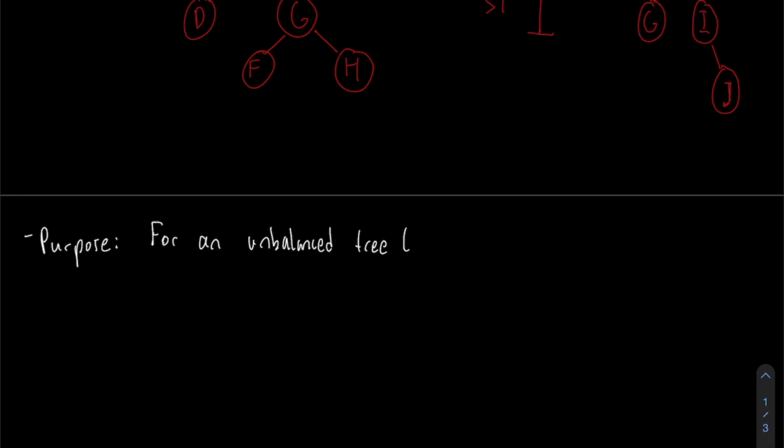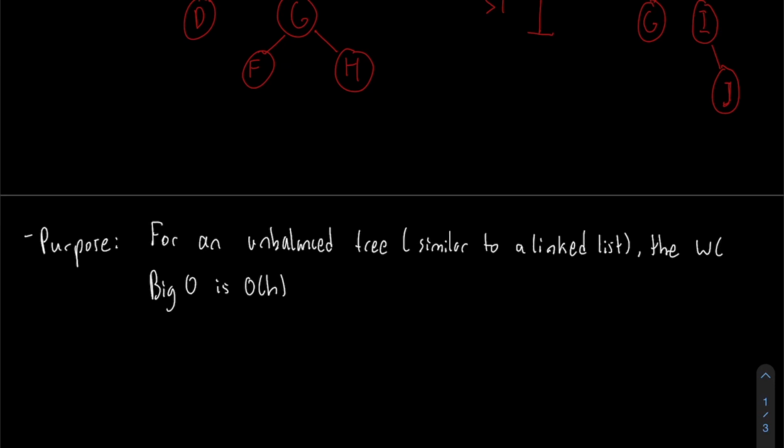similar to a linked list, the worst case big O is O of H, because we are bounded by the height.